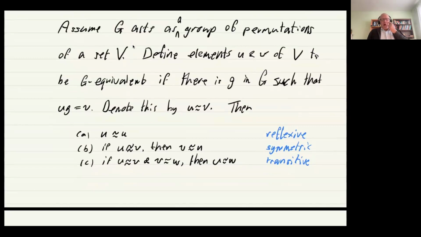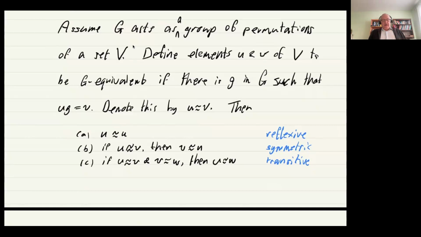So if the group acts on the set as permutations, then it partitions the set into equivalence classes, and these equivalence classes are what we call orbits. A lot of the time in mathematics, when you want a partition of some set, it's often best if you can get it as equivalence classes.